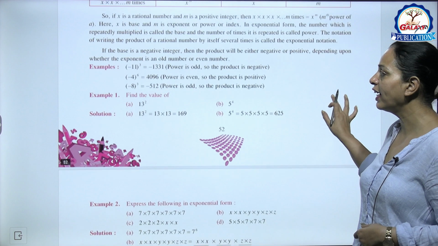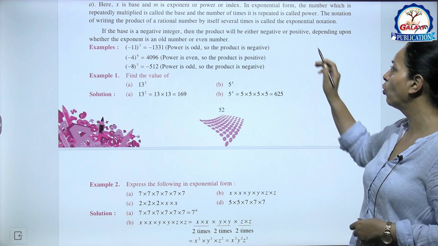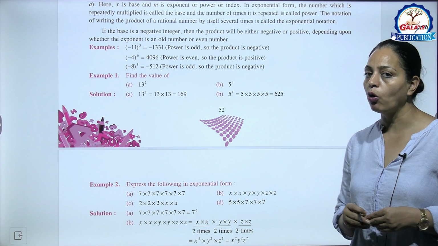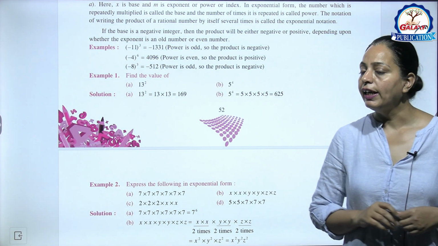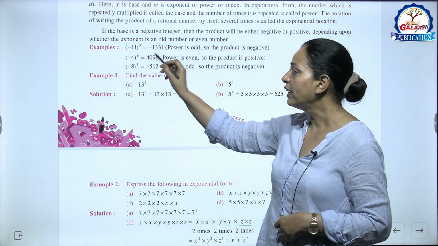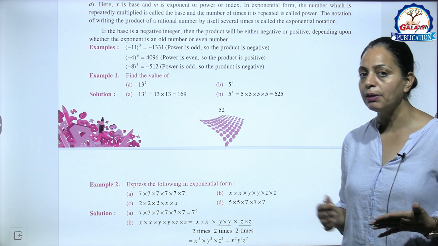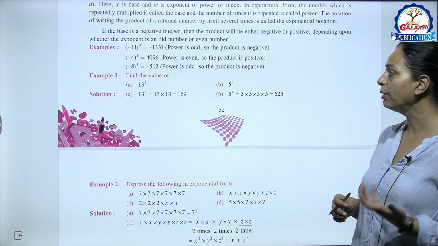If the base is a negative integer, then the product will be either negative or positive, depending upon whether the exponent is an odd number or an even number. See examples, minus 11 cube, that is, we will multiply 11 three times, but power is odd, that is, negative is coming 3 times.